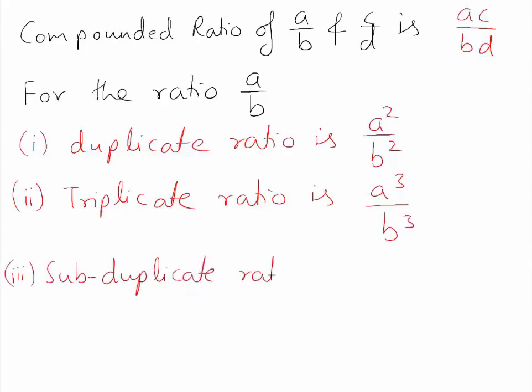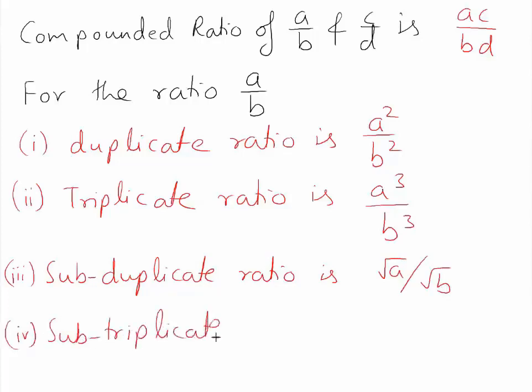Subduplicate ratio is root A by root B, and similarly subtriplicate ratio is cube root A by cube root B. So these are a few definitions students must remember.